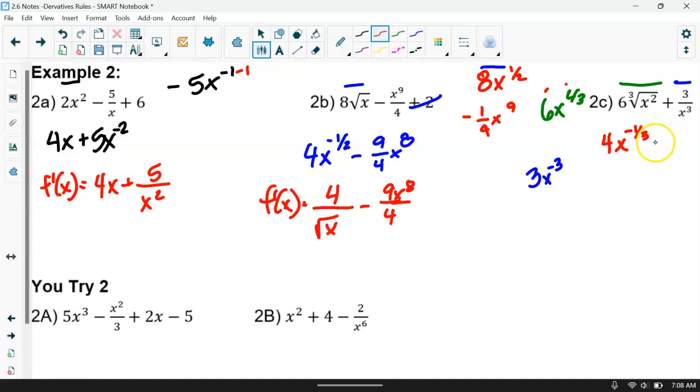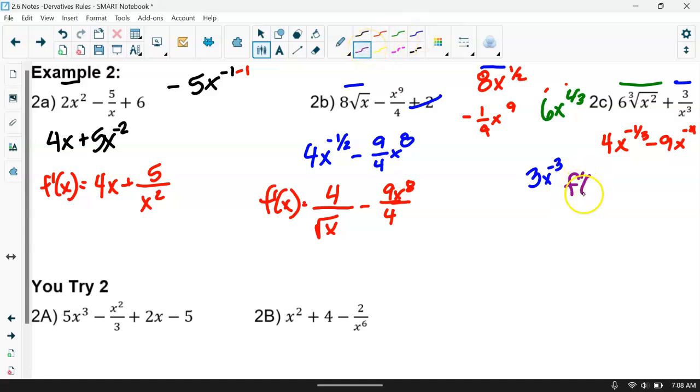Then now here, what is our new coefficient for our derivative? Negative 9, right? From 3 times negative 3. And what is our new exponent for x? Negative 4. Subtract 1. So now let's rewrite for our derivative.